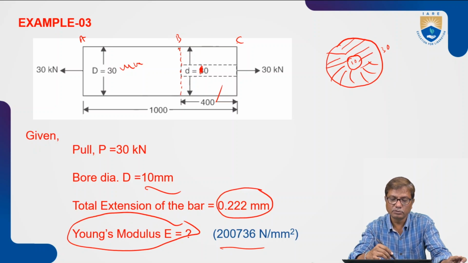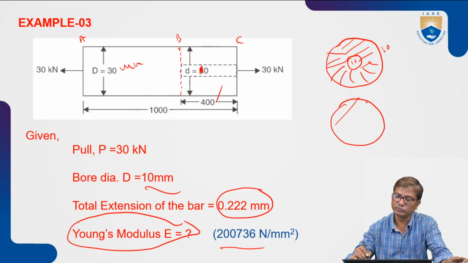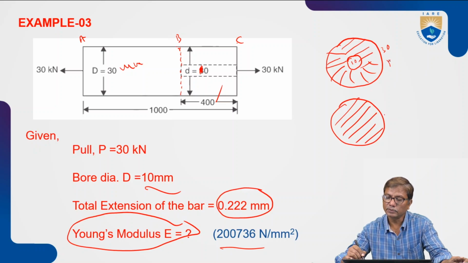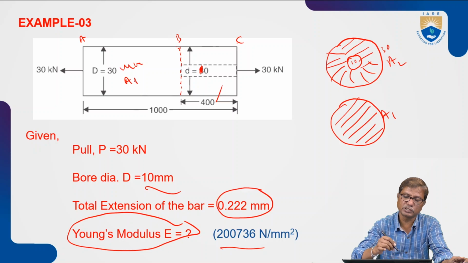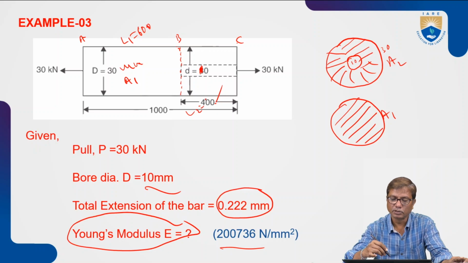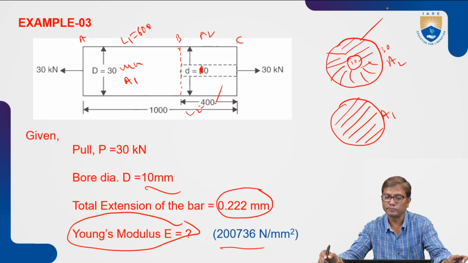From A to B, it has solid section, complete circle. So this is A1, this is A2. The area here is A1 and length is L1. What is L1? 1000 minus 400, that is 600 mm. This is L2 and A2.